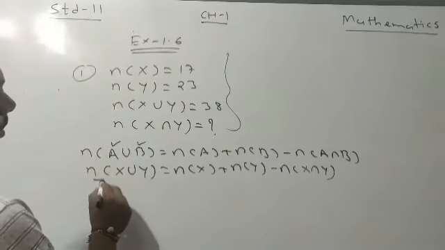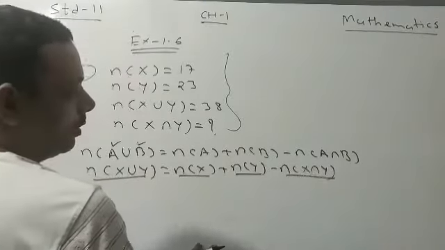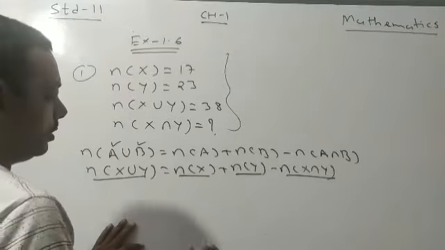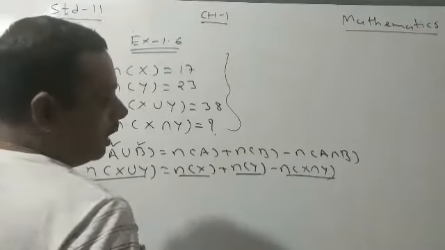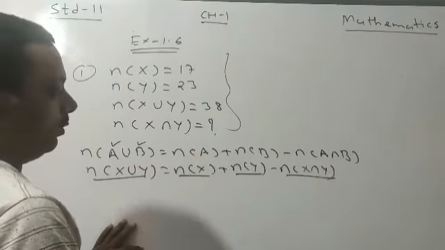Now see, there are 1, 2, 3 and 4 terms, and we know very well, this is basic knowledge, that out of 4, if any one is missing, we can obtain the missing one.